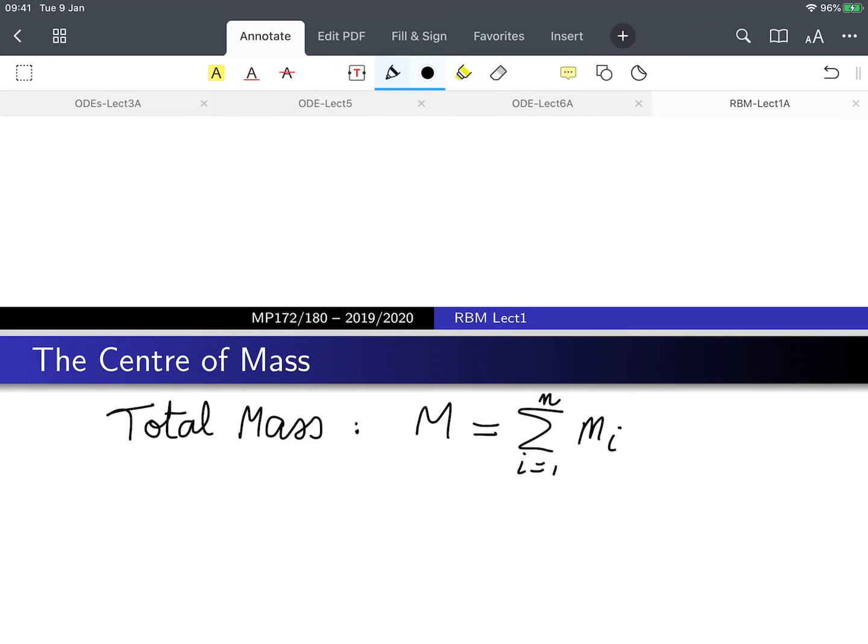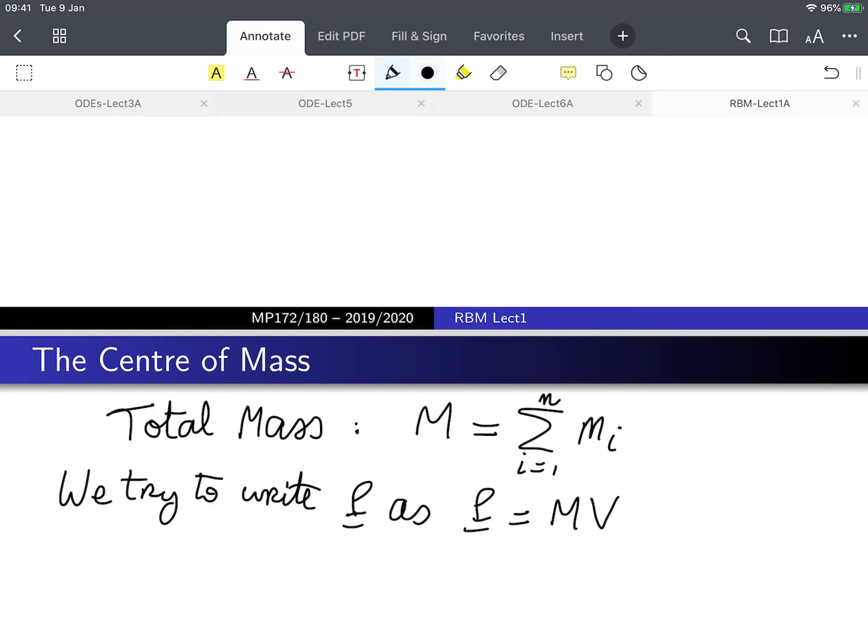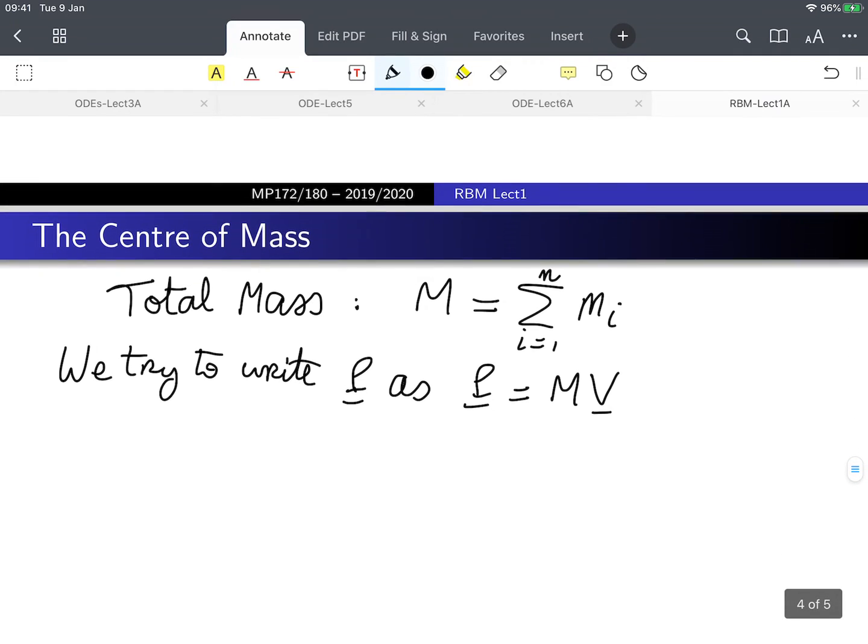And then we're going to try to write P as M v, where M is the total mass and v is the velocity of that imaginary particle that represents the whole system. Okay, let's try to do that. So remember that P is like this.